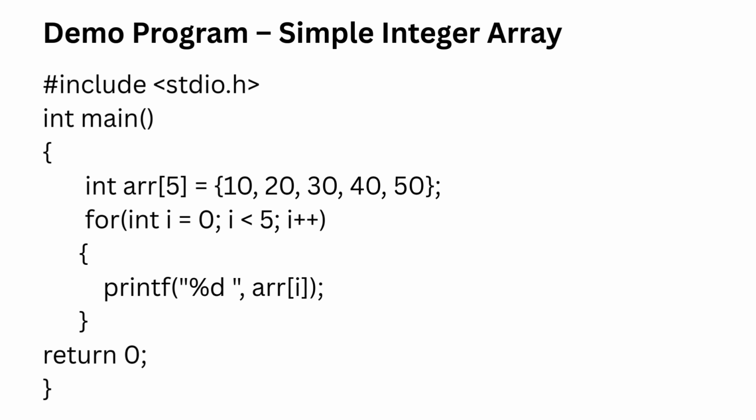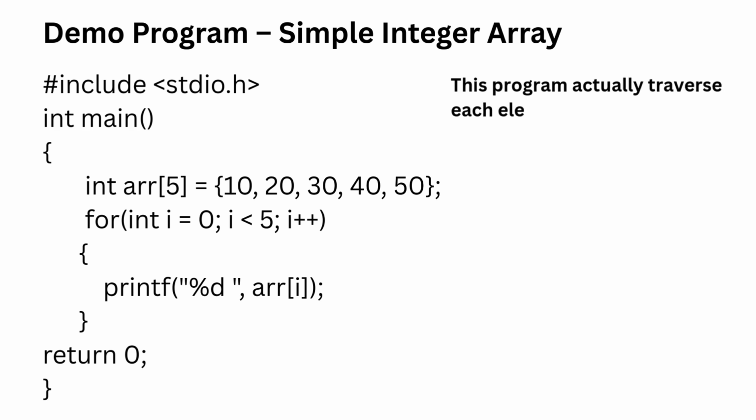Now consider a demo program of a simple integer array. In this demo program, we see that arr is an integer array and it has 5 values, 10, 20, 30, 40, and 50. There is a for loop here which executes from i equal to 0 to i less than 5, and there is a printf statement also. So what does the program do?